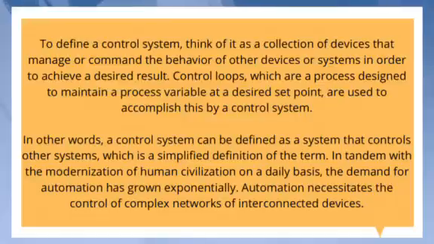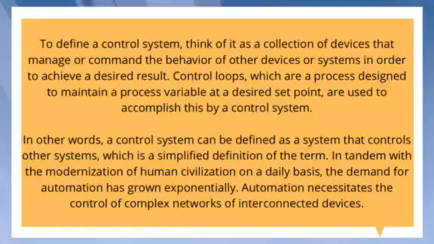Find a control system. Think of it as a collection of devices that manage or command the behavior of other devices or systems in order to achieve a desired result. Control loops, which are processes designed to maintain a process variable at a desired set point, are used to accomplish this by a control system.